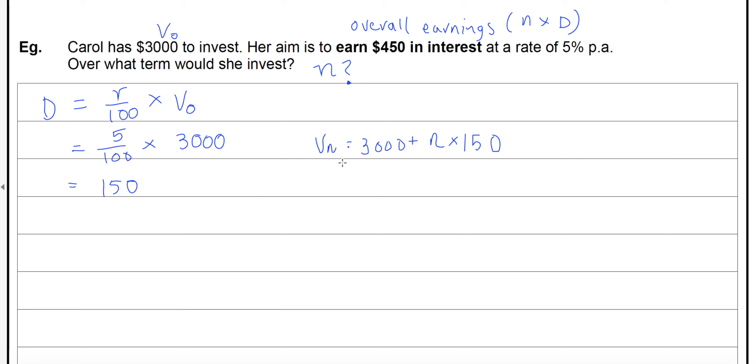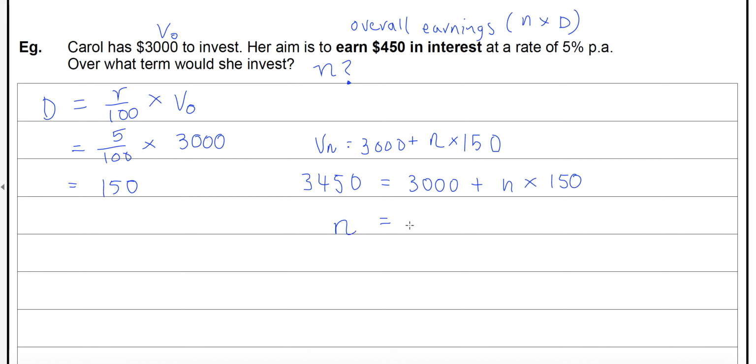Since we know that she wants to earn $450 in interest, and we know too, well, now it's working, we know too that she starts off with $3,000, that means that this value here, the total she has altogether, we want that to be $3,450. So we can set up a rule that we can then solve. Like so.